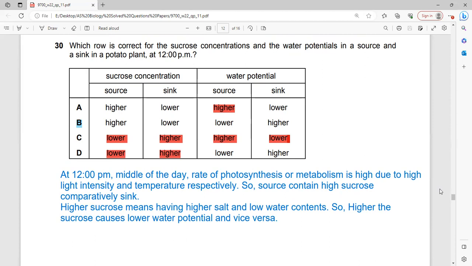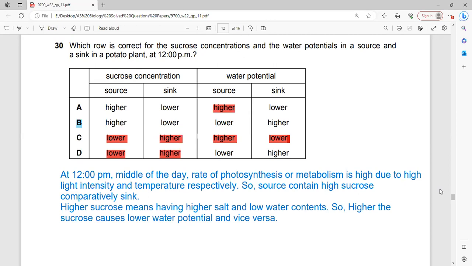In high light intensity, the rate of photosynthesis will be higher, while the rate of metabolism will also be higher. Now, with the high rate of photosynthesis, it is producing high sucrose or glucose in the source, while it will consume the sucrose in the sink due to the high metabolism.